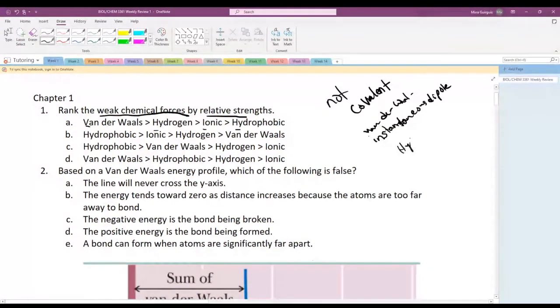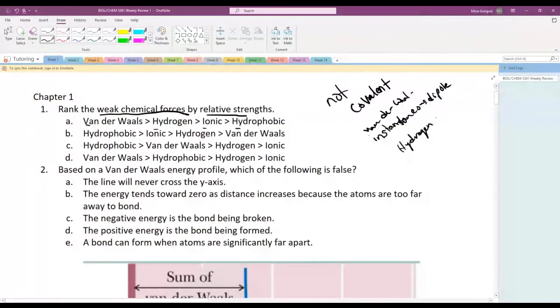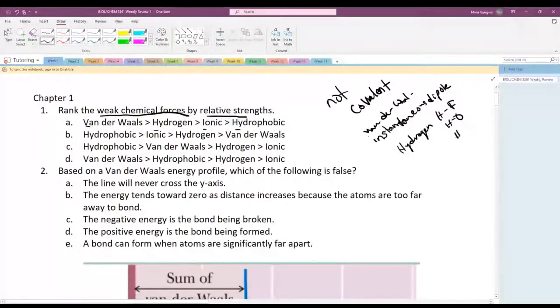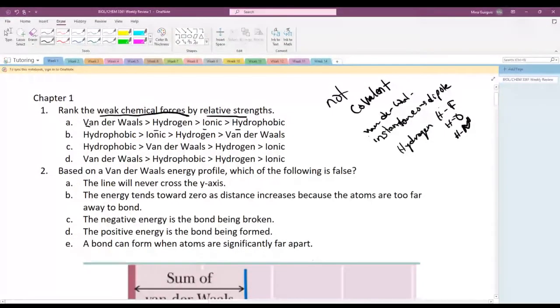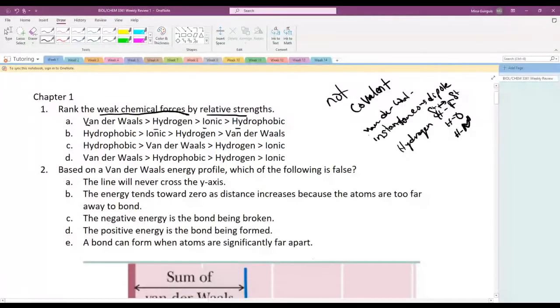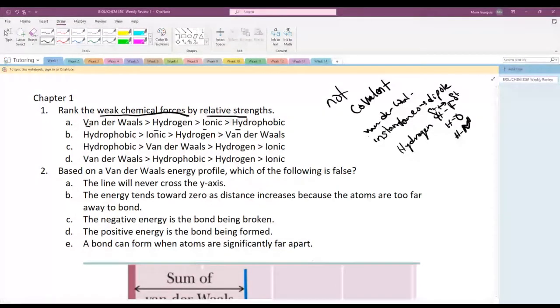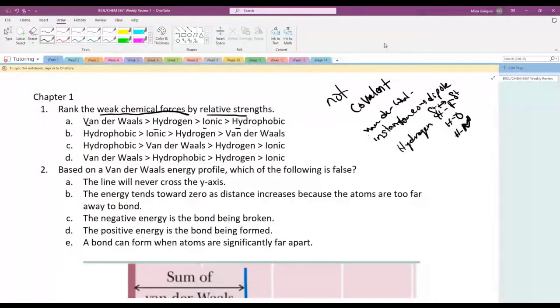Hydrogen bonds are very strong, and they occur between hydrogen and fluorine, hydrogen and oxygen, and hydrogen and nitrogen. These bonds are caused by the very strong difference in polarity, which gives the hydrogen a very strong partial positive charge, and the more electronegative atom, whether it's fluorine, oxygen, or nitrogen, a very strong negative charge.